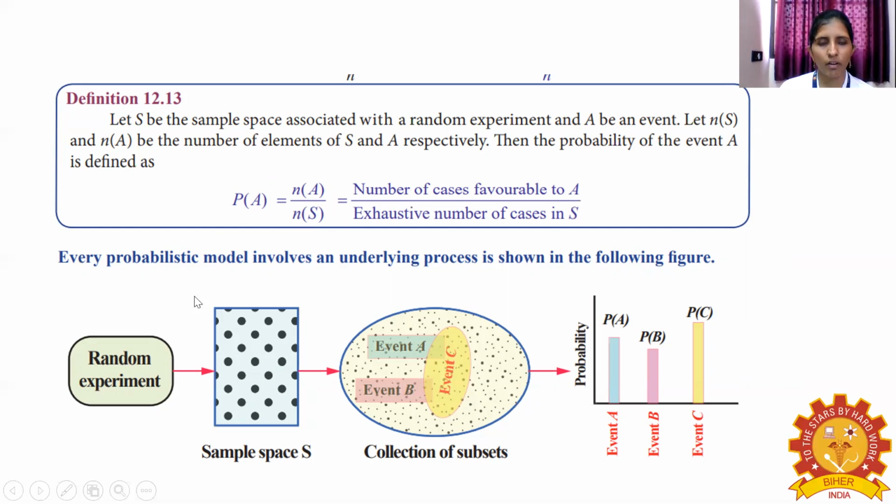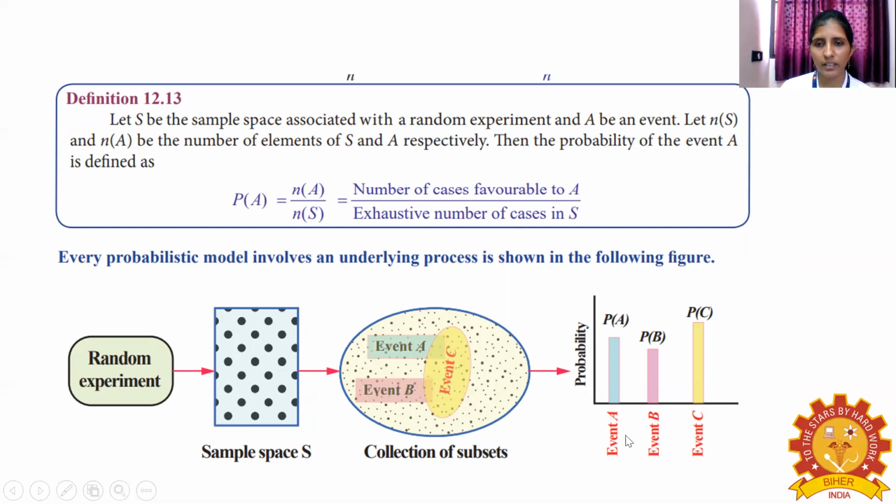So here we have a small figure where every probabilistic model involves an underlying process, and this is shown in the following figure. First we conduct a random experiment, and based on this random experiment, we have a set of elements, which we call the sample space S. And there is a collection of subsets from the particular sample space S, and we call them event A, event B, or event C. Based on this, we find the probability for each event.